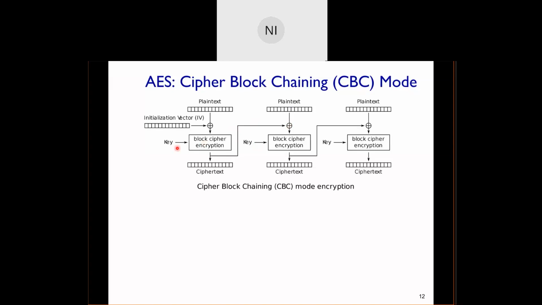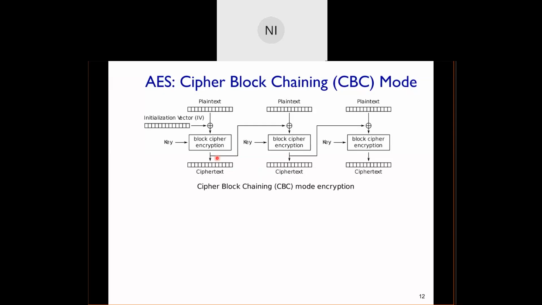So even though the key remains the same, let's assume that this plain text and this plain text are exactly the same. That means it is equal to M and this is also equal to M. Then the ciphertext that you see here, if you call it C1 and C2, or C and C dash, in this case C and C dash are entirely different.